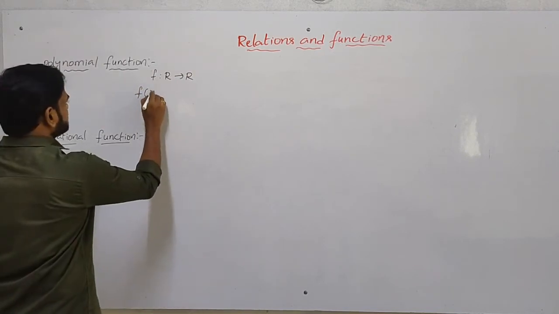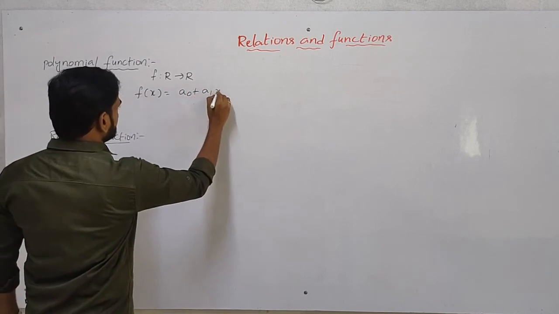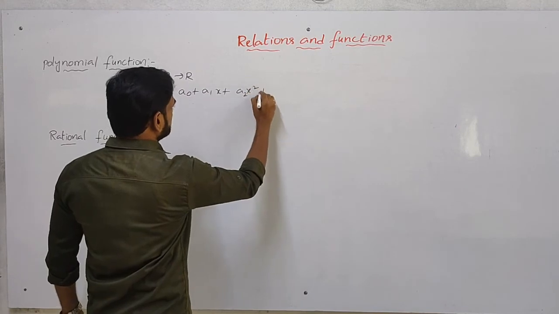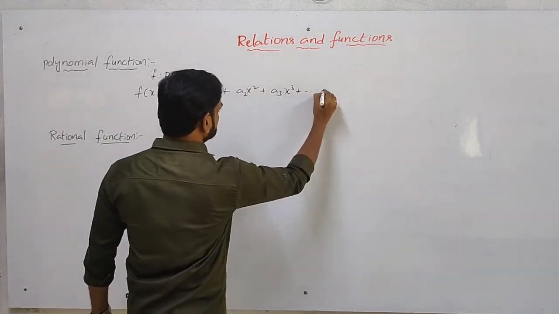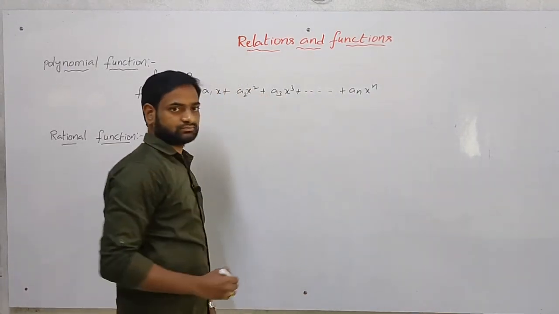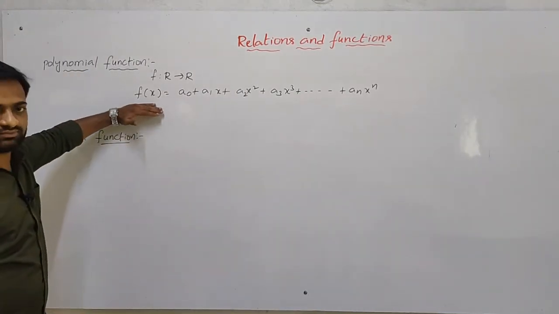f of x equal to a0 plus a1x plus a2 x square plus a3 x cube and so on plus an x power n. This is the polynomial function.